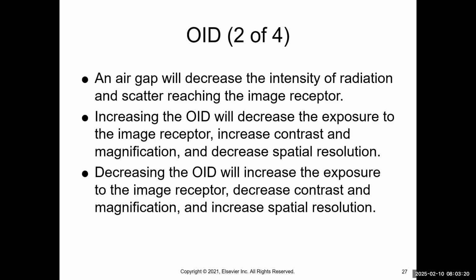So even though scatter is unwanted, it is a part of receptor exposure, so it would decrease receptor exposure. And anytime there's less scatter on an image, what does that do to contrast? It increases it. It improves it, because you no longer have that scatter fog on your image.